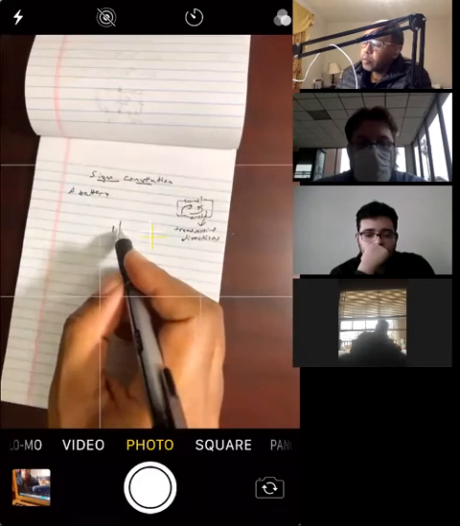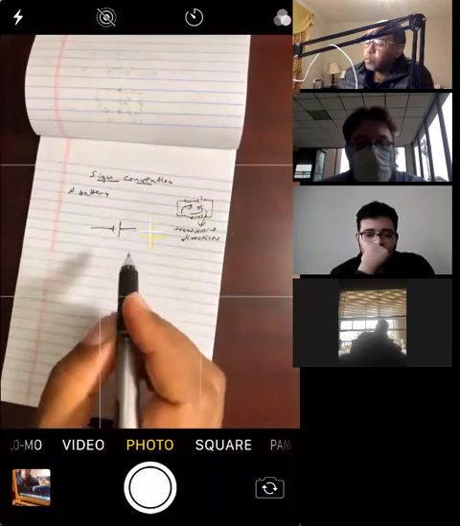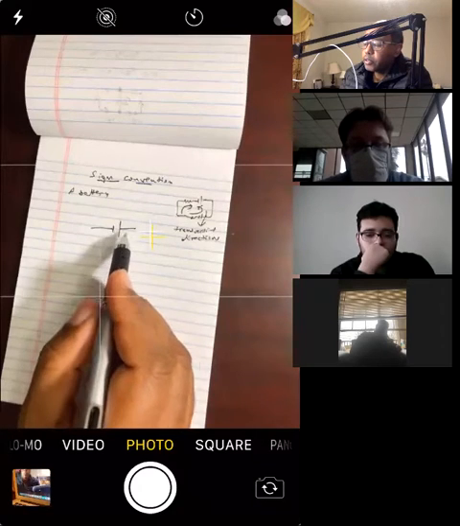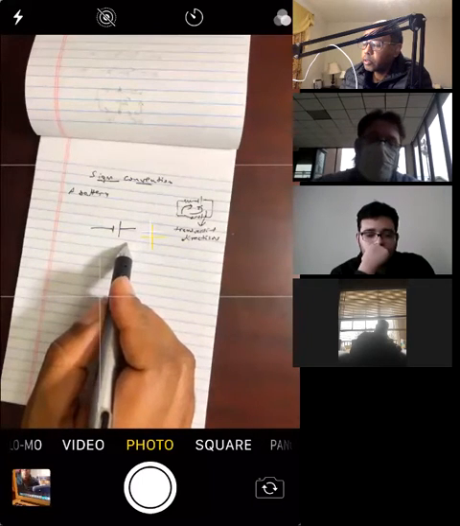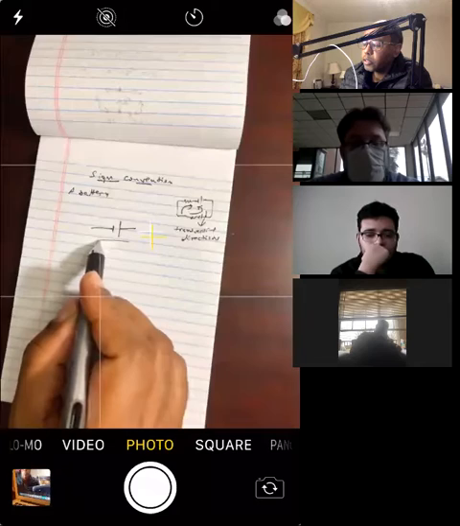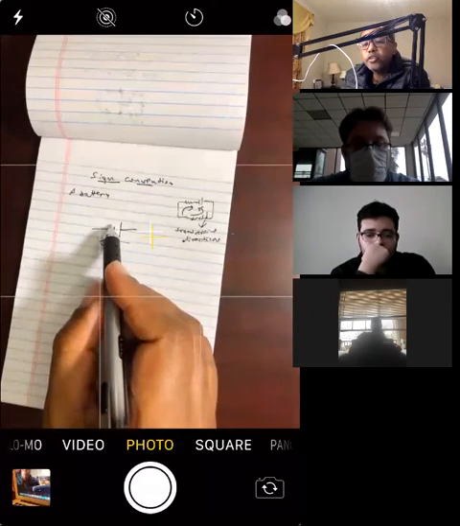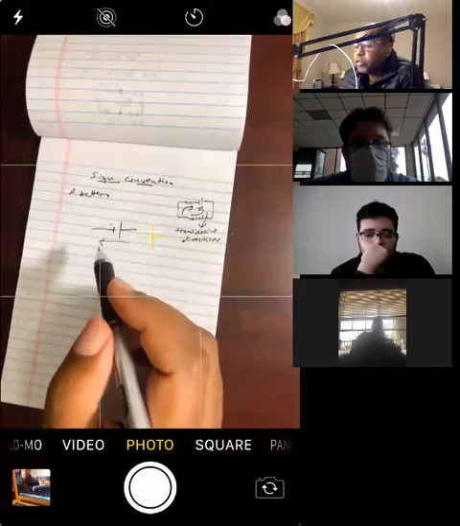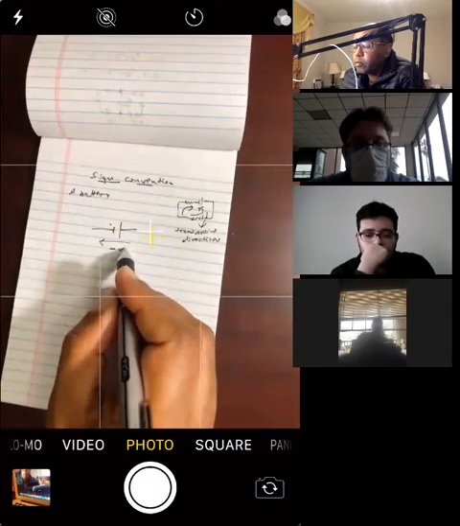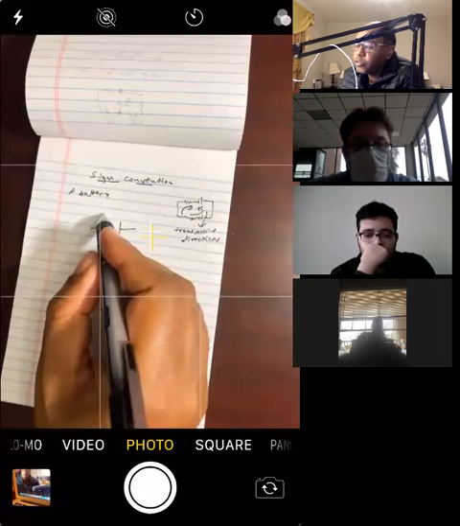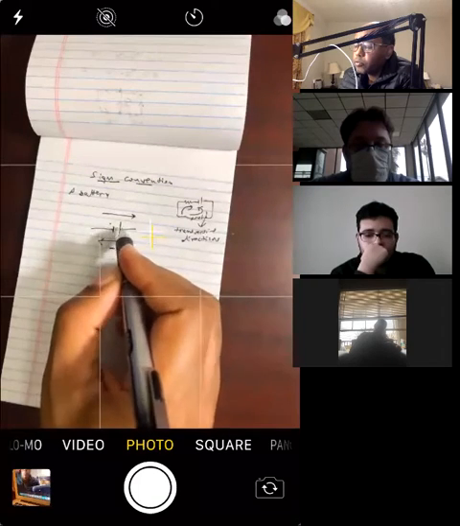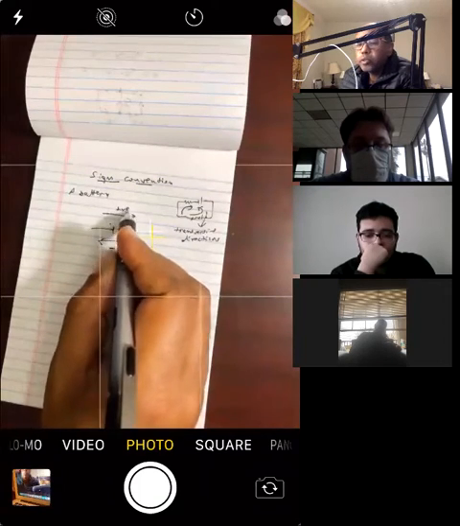So let's look at a battery. Suppose you're traversing this battery in this direction, going from positive to negative. The potential is decreasing, so the potential difference is negative. But if you traverse it in this direction, from negative to positive, the potential difference is taken to be positive.